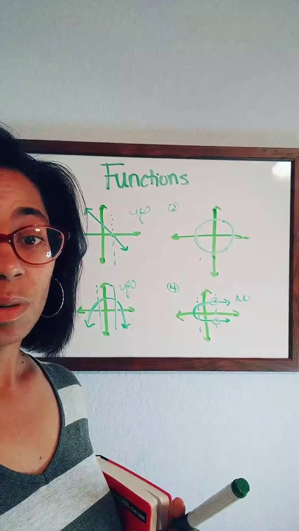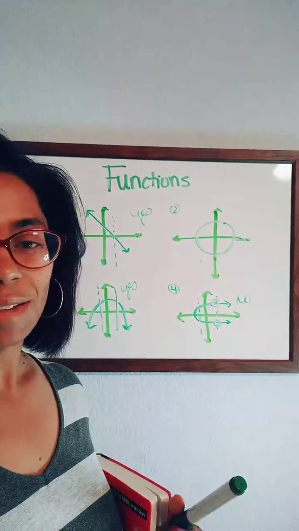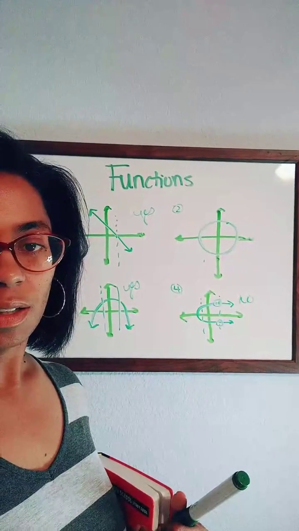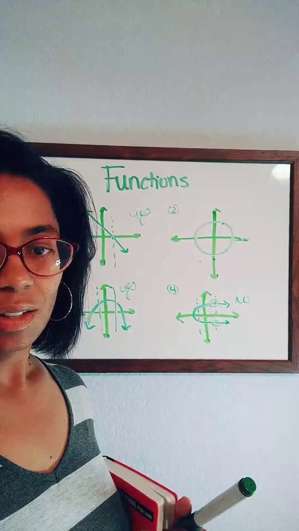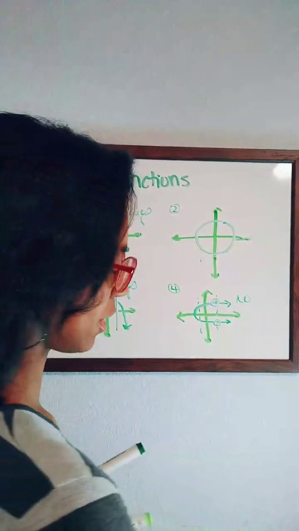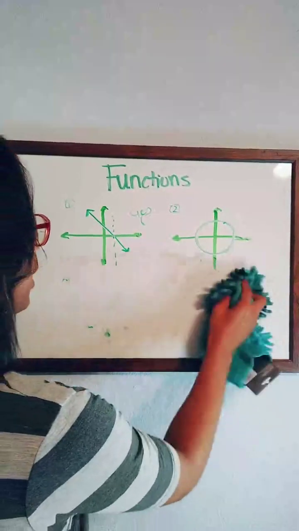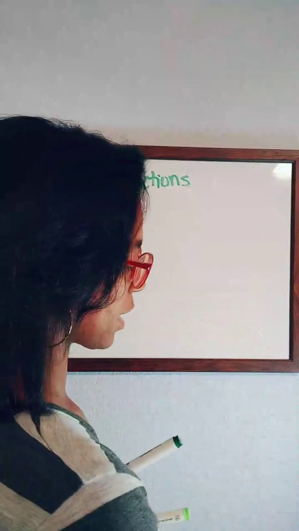X squared, x to the power of 3. Is it a function? You know what? I'm not gonna lie to you, Lex. I don't even know. I know x cubed. I have to see what the graph looks like. Don't get discouraged, Jared. It's okay. All right. So we know it has to pass the vertical line test.